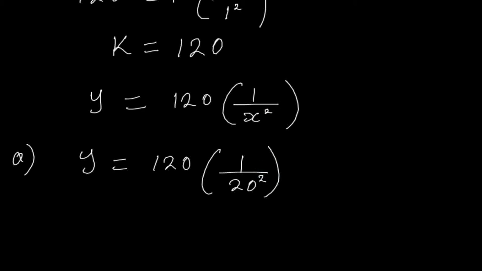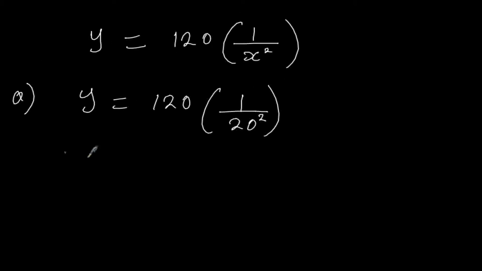And that will give us y is equal to 120 times 1 out of 400, because when you square 20, you get 400. That is 20 times 20.